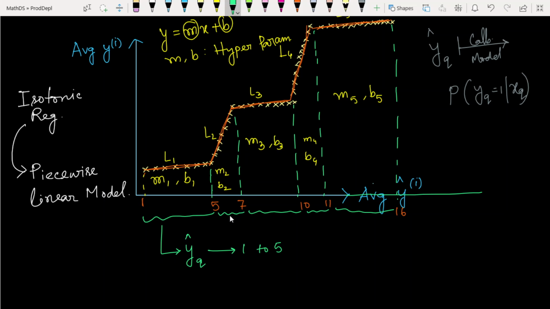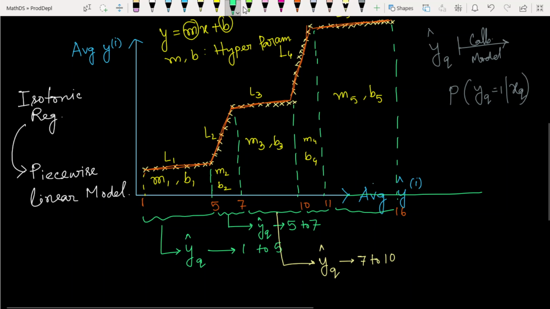Similarly in these regions, we will break this yq hat into 5 to 7. Similarly here also, 7 to 10. Like that, first we have to break the whole region into small portions.